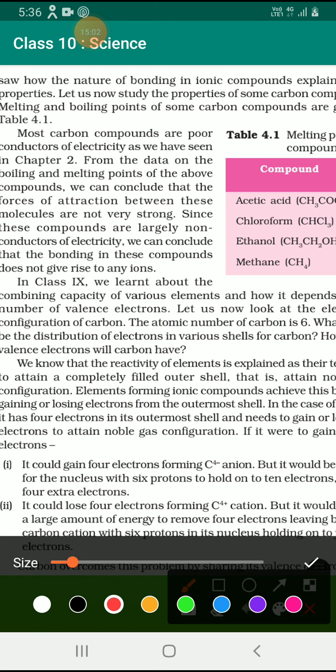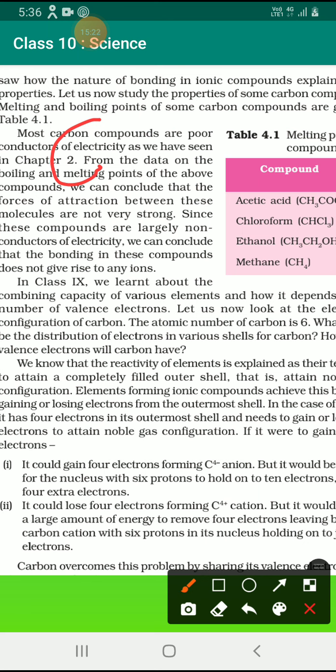Look here, let me tell you some basics. Here you can see, for example, carbon C, which has atomic number 6. Remember, you have to remember these atomic numbers.